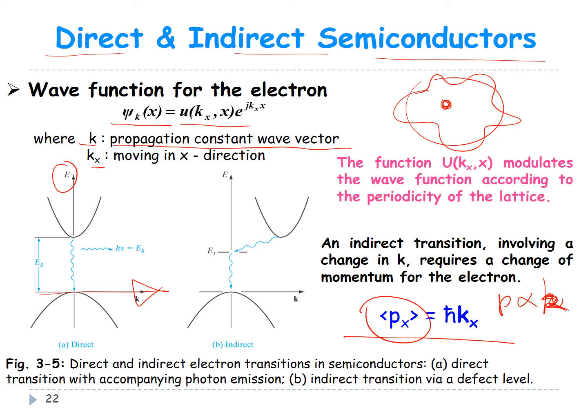You can think of this as the energy of an electron as a function of momentum, because the momentum is simply equal to the Planck constant times the K wave vector, that is, h-bar, which is h over 2 pi.